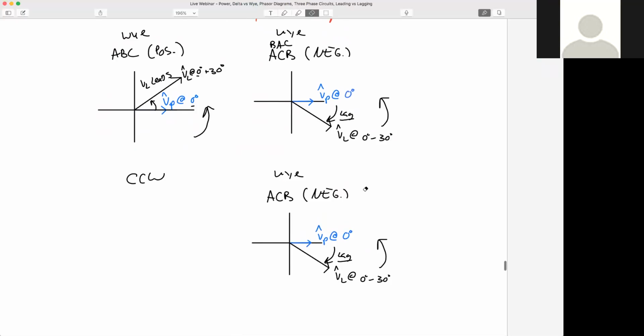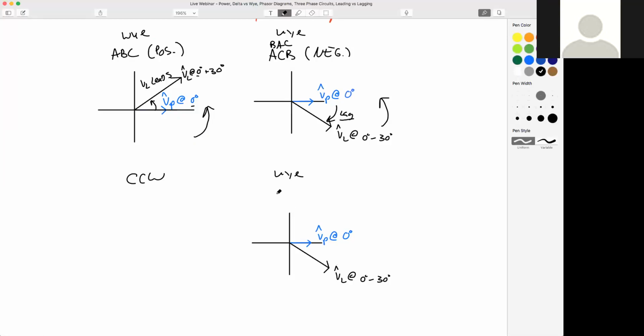Is this a negative system? It's going to say for the below system, is it positive, negative, Y, or delta? Assume it's balanced. If you saw something like that, and those two could be anywhere, right? But VL, regardless of where they're at on the phasor diagram, they could be over here even, VL will always lag it. You know that it would say, is it a Y positive? Is it Y negative?